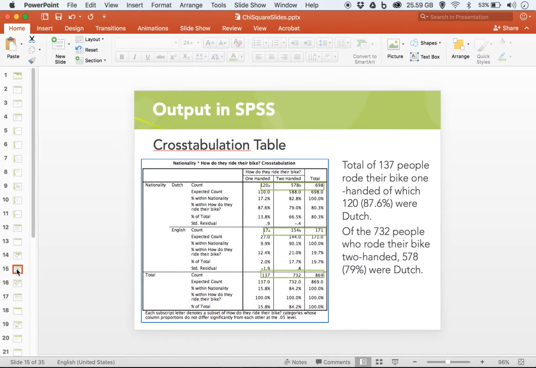So we can see that a total of 137 individuals rode their bike one-handed, with 87.6% of them being Dutch, right here. And then of the 732 individuals who rode the bike two-handed, 578, or 79%, were actually Dutch.